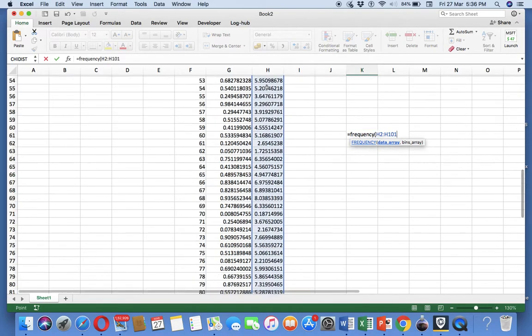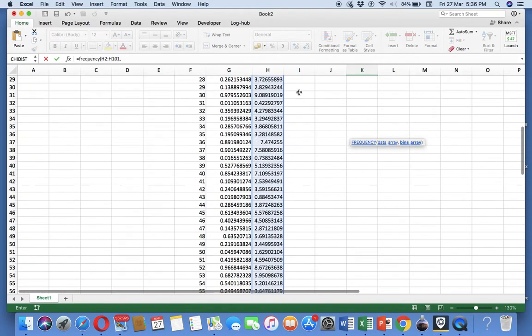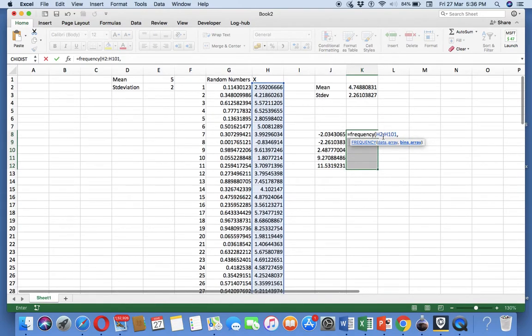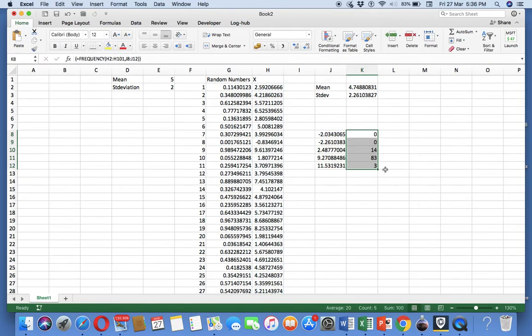And that's the data, comma, for the bin range. So asking for bin range, you can see that bin range is my frequencies. I'll close the bracket, control shift, enter. Okay, so now I've got a distribution.